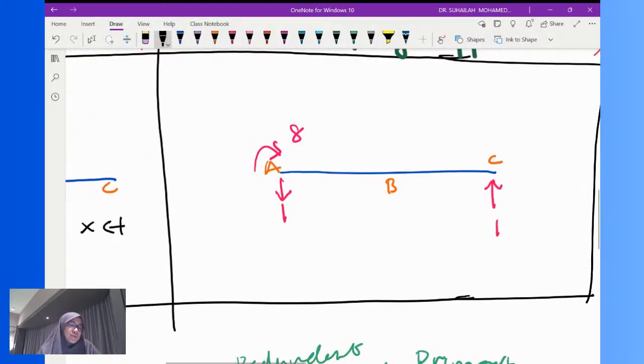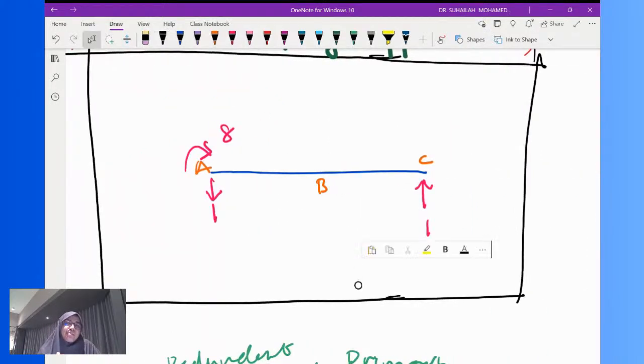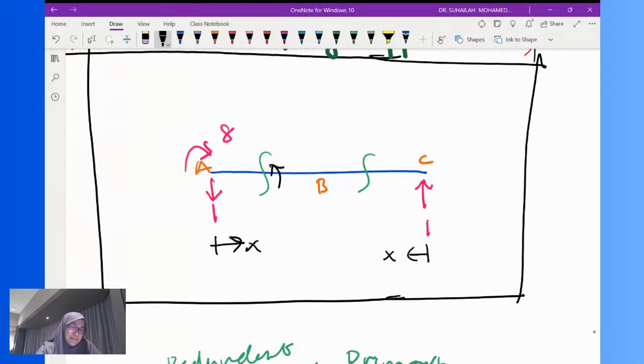Okay. So for the redundant beam, we have to follow the same cutting sections. There are two cutting sections, the same cutting sections. We have to have the same origin at A and at C, and the moment direction also will be the same.